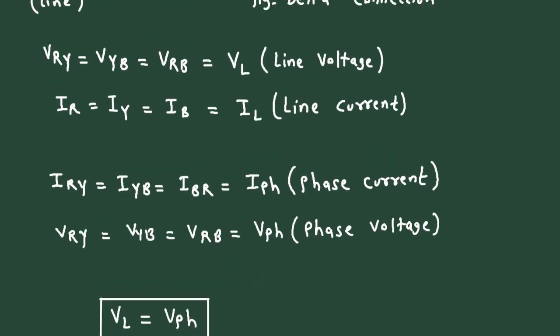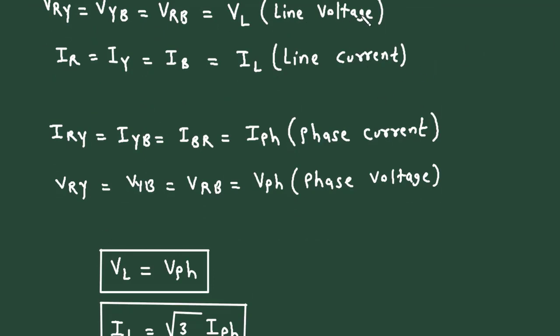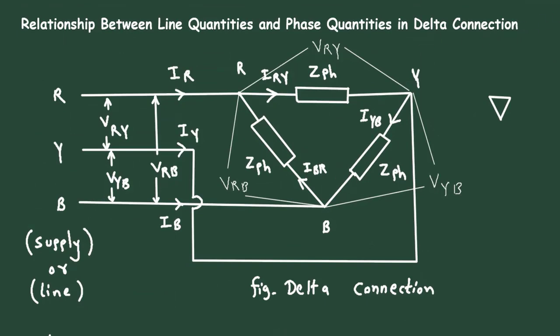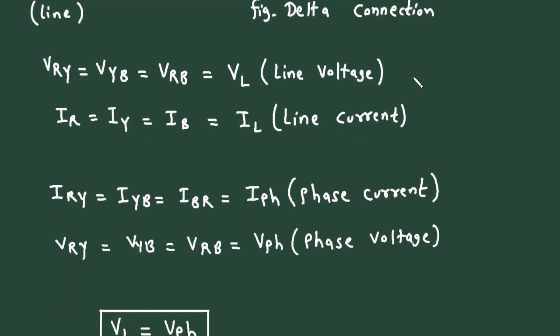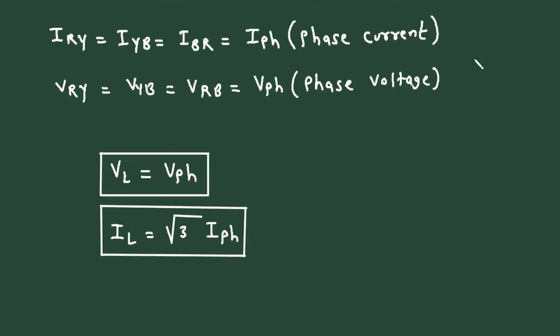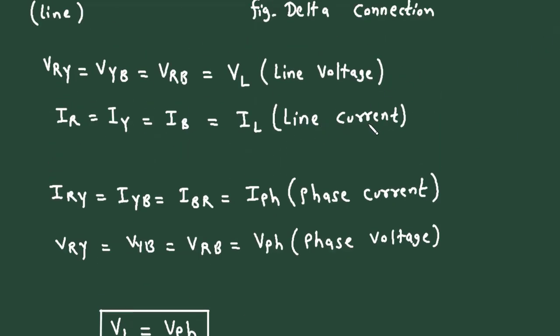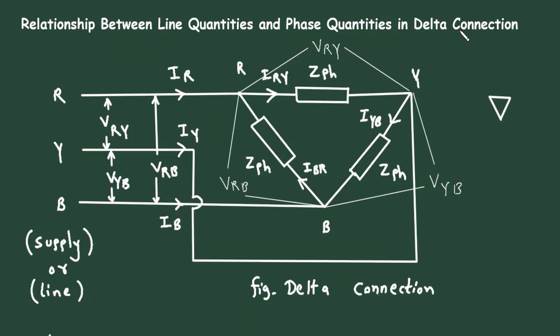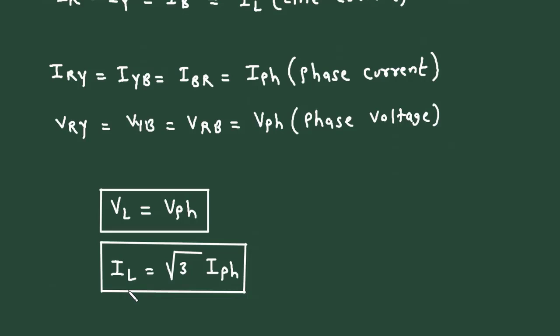Now the relationship between line voltage and phase voltage in case of delta connection is given by VL is equal to VPH, that is line voltage is equal to phase voltage, and the relationship between line current and phase current in case of delta connection is given by IL is equal to √3 IPH, that is line current is equal to √3 times phase current.